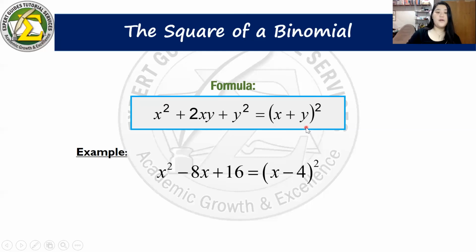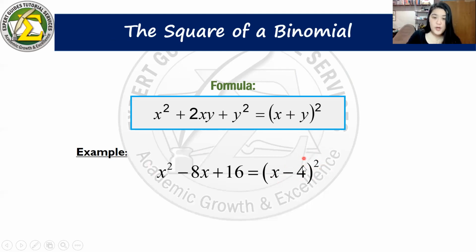So for example, we have x squared minus 8x plus 16, or also known as the square of the quantity x minus 4. So if you can look here, we squared the first term. So this is x squared. And then we're going to multiply x by negative 4, which is negative 4x, and then multiply it by 2.